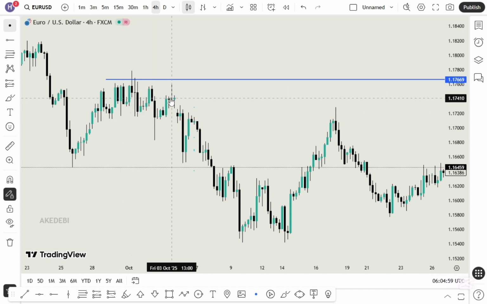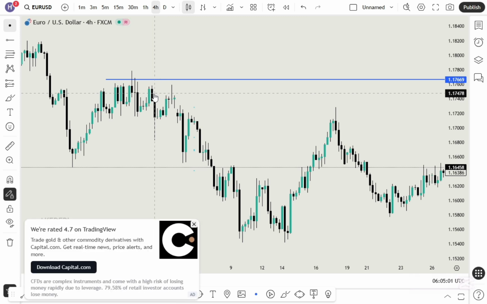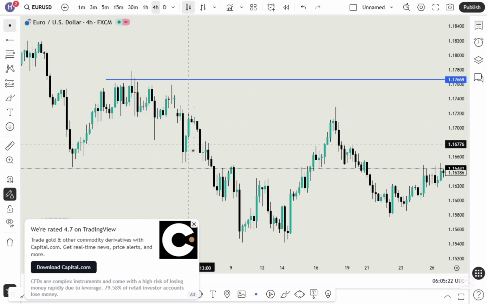So this zone, possibly a high, is a level where most traders place their buy stop. These are where most traders place their buy stop, because they believe the market will rally down and that what rallies up doesn't break out of this liquidity.